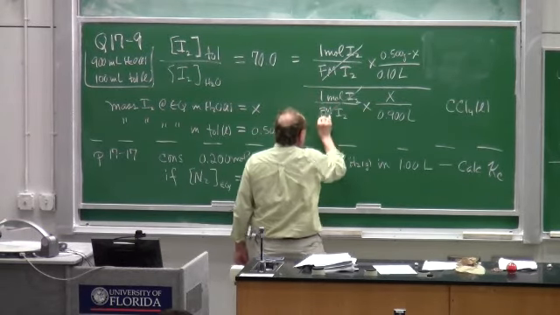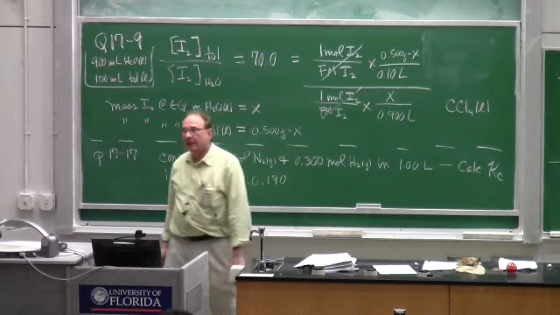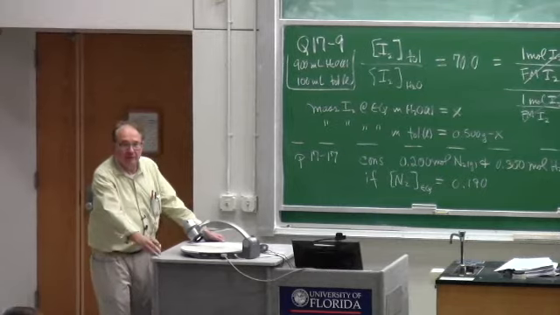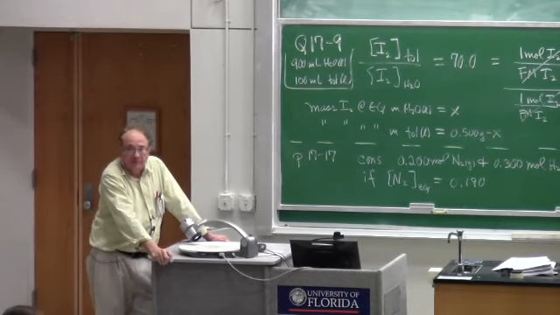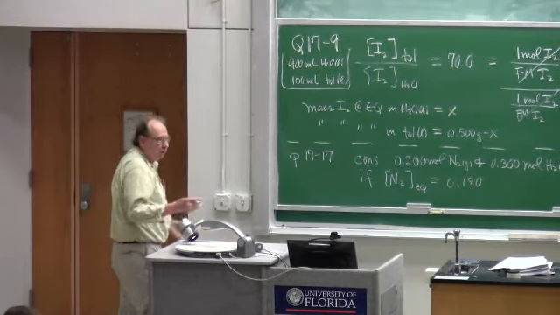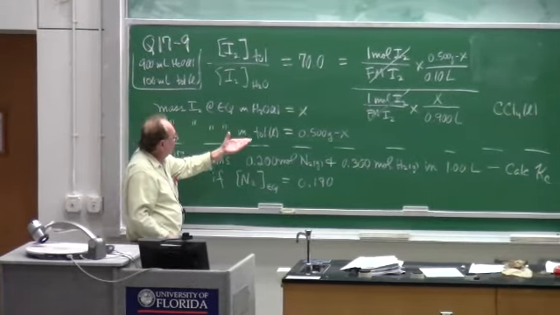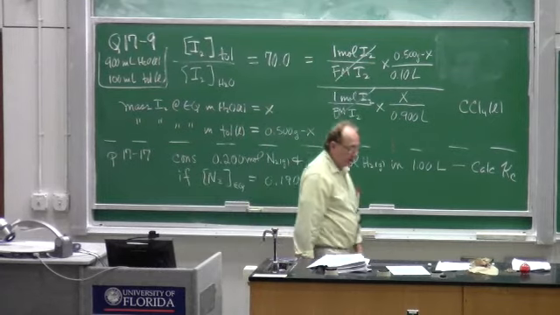And now, recognize we don't even have to pay attention to the numerical value for the formula mass or inverted formula mass for I2. Don't do any arithmetic that you don't have to do. So I got one equation, one unknown. Solve it.